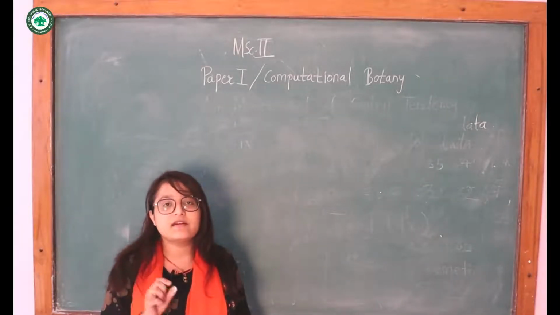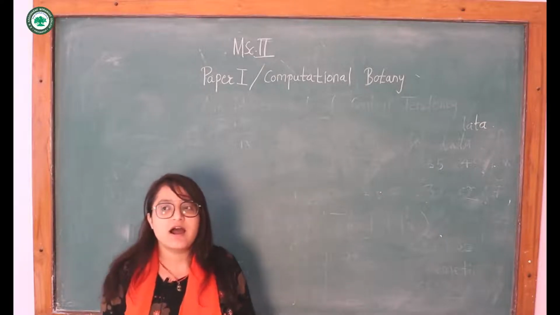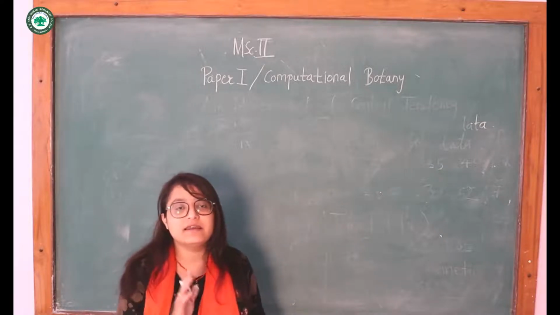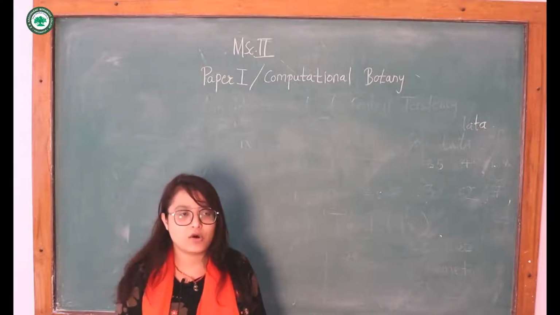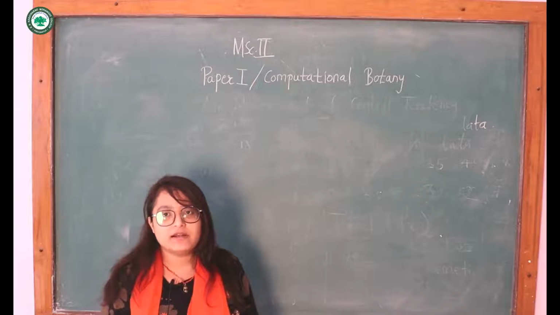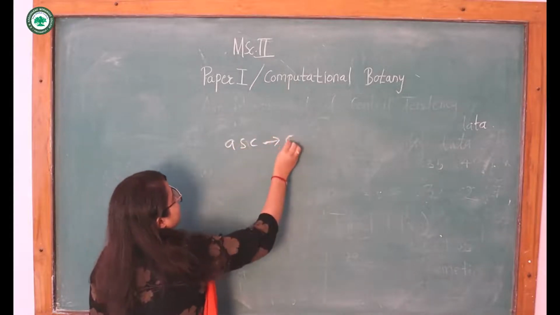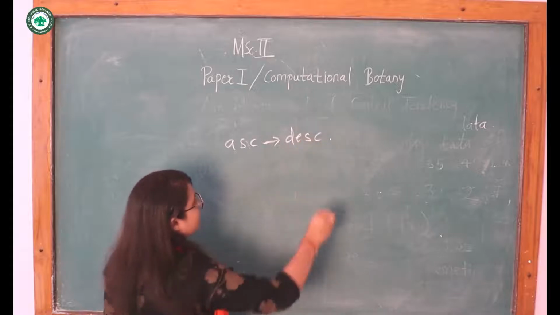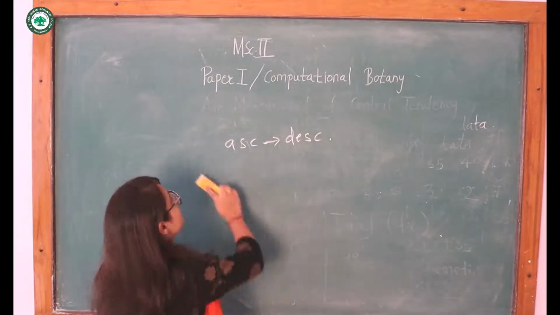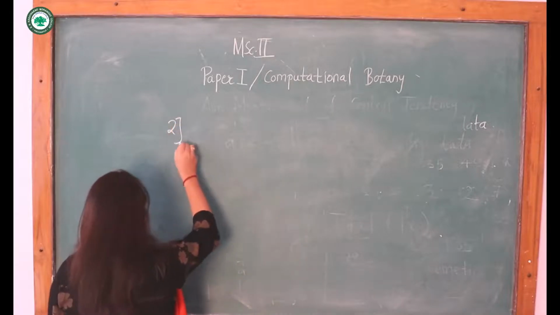Median is the central value located at the center, where observations are arranged in either increasing or descending order. So the first step in median is to arrange the data in ascending to descending manner. I'll write the second problem on the board.